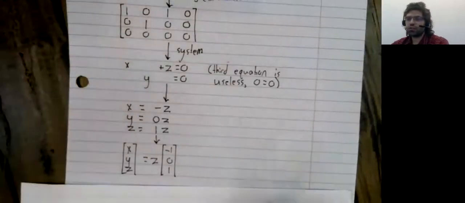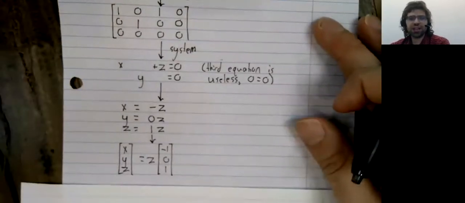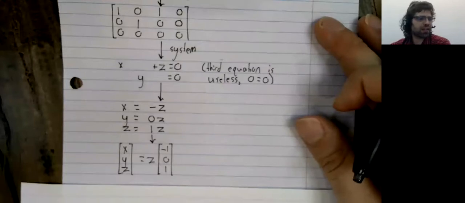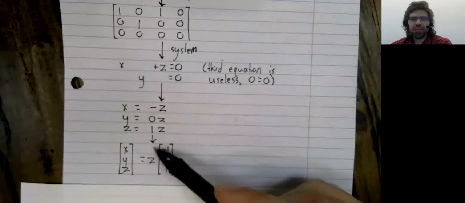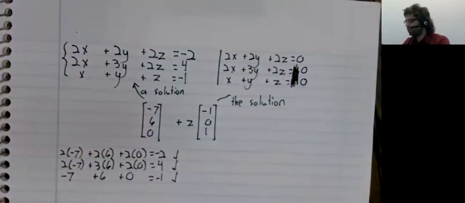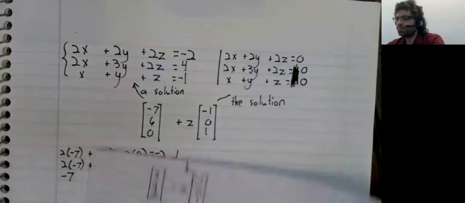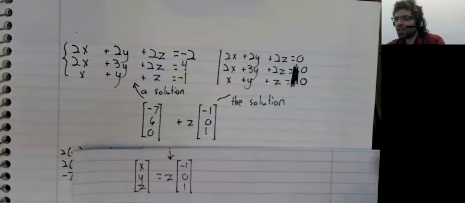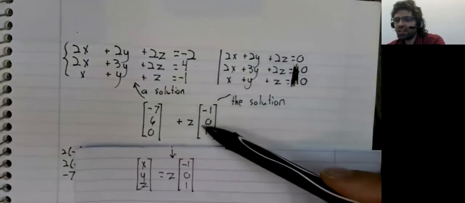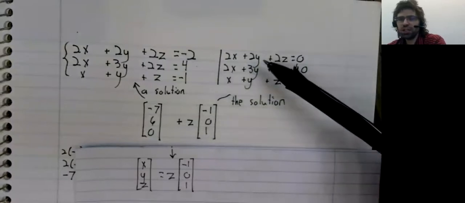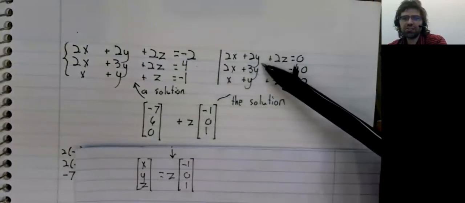And then rewrite that as a vector. And if we compare this to this, they are the same. So this is the solution to this homogeneous system.